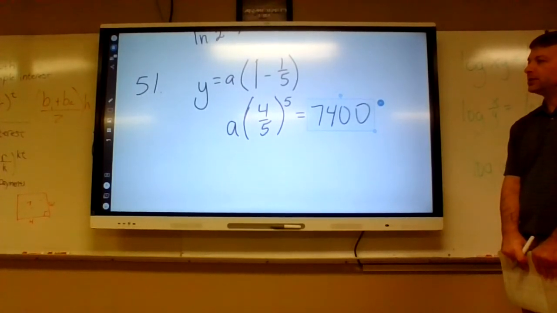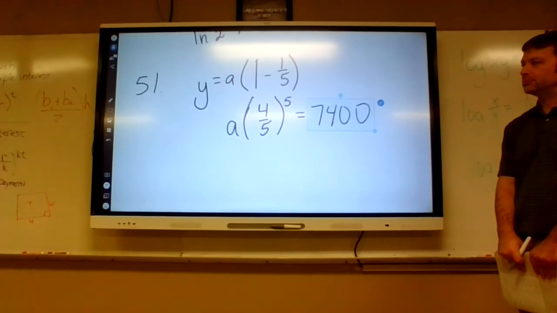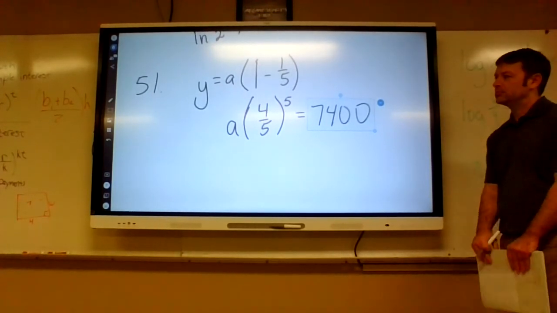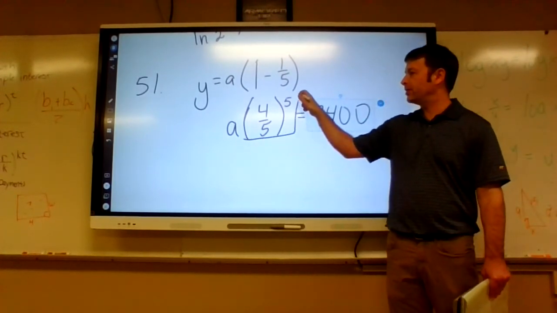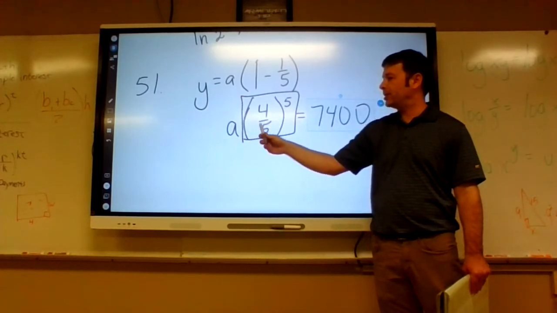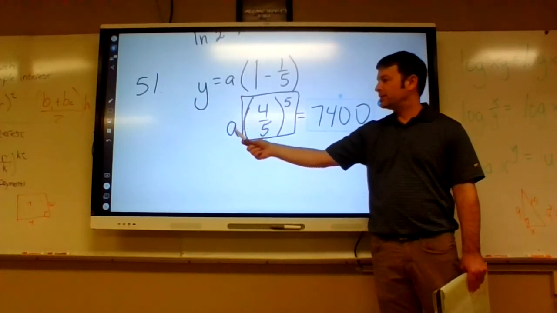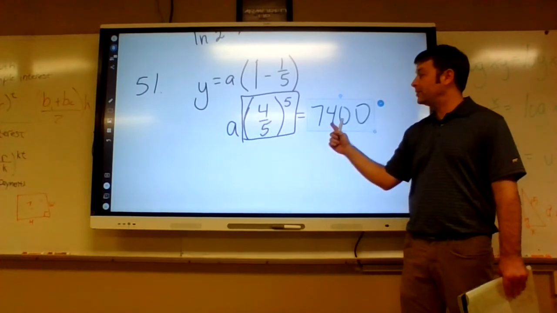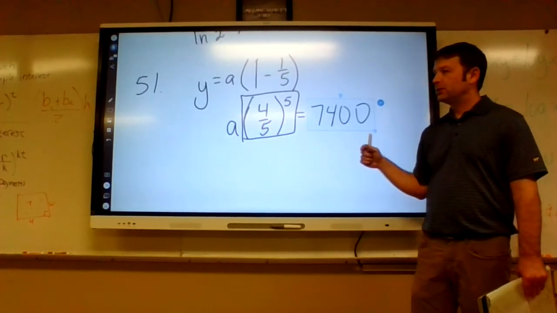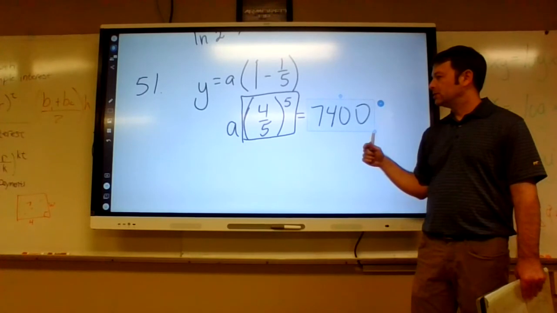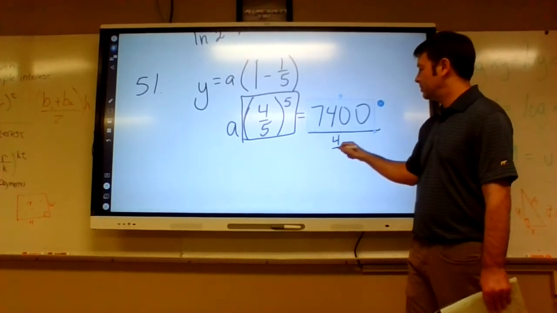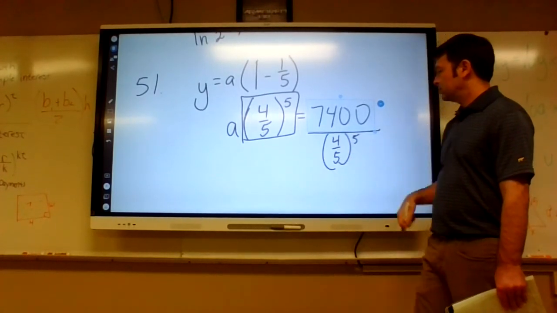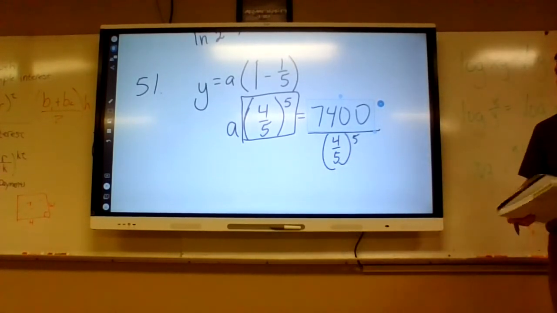Alright. How do I solve for A? Okay, 4/5 is just one number that is multiplied to A. I don't know what it is, but whatever it is, it's multiplied to A. So we just need to divide 7,400 by that, and that would give us our magic answer.